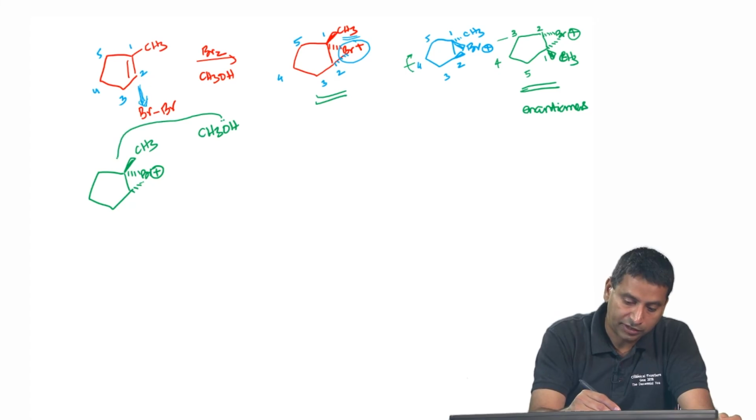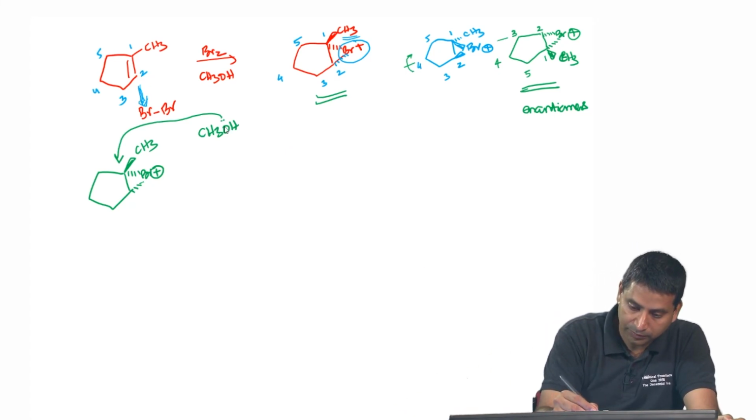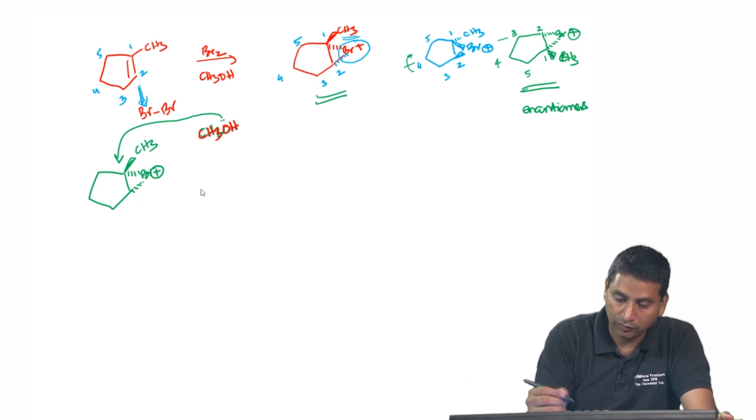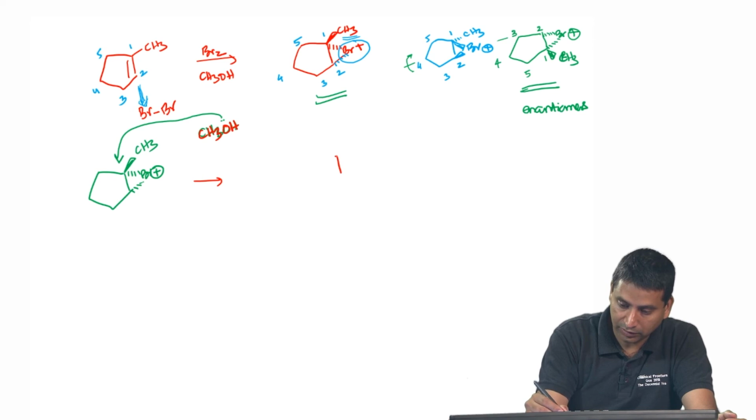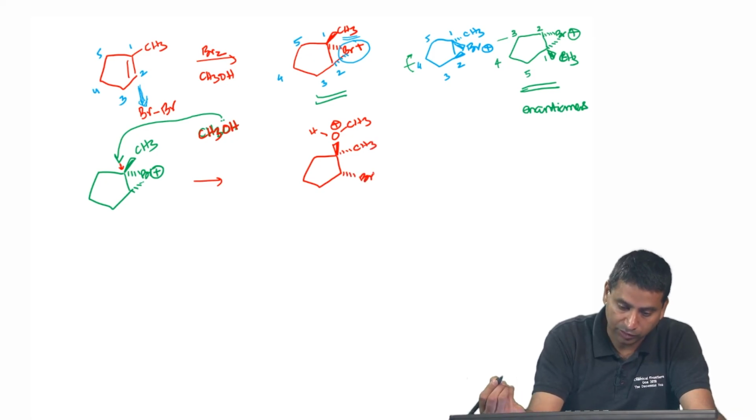So, it is going to attack from the top face and you would end up with the methanol forming an intermediate in the following manner, where you have OH CH3 plus, and since the attack happens from this face over here, the methyl group goes down and the Br also goes down.